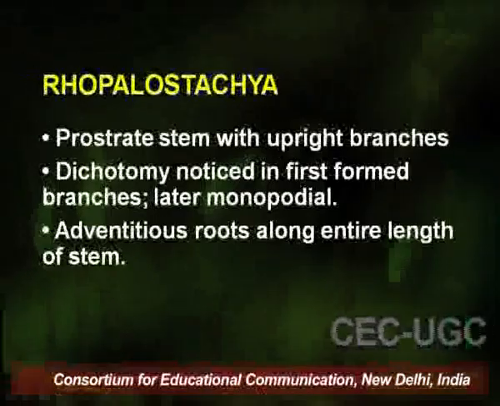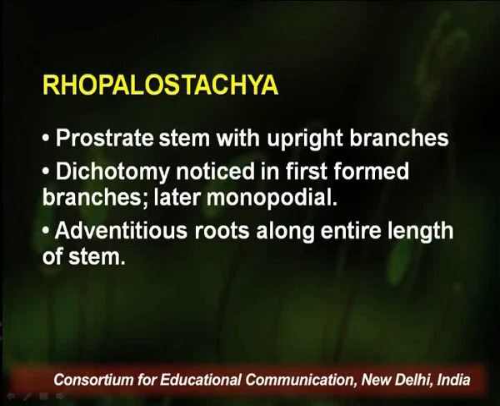Now let us see the more advanced subgenus, that is Rhopalostachya. In Rhopalostachya species, the stems are initially prostrate and then after certain distance they become upright branches. The dichotomy is noticed in the initial branches and then they become monopodial.